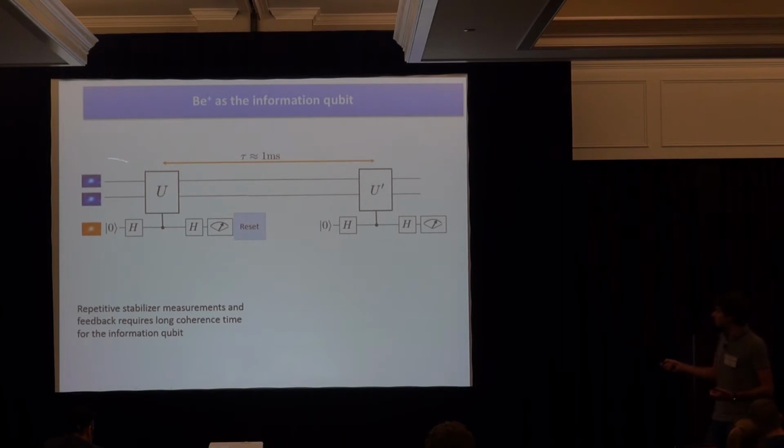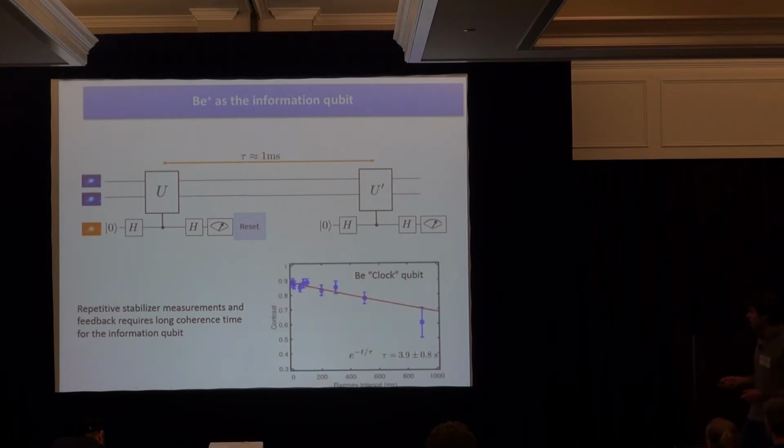It's not the detection part, which takes 60 microseconds, that is the most time consuming, but actually the reset part, because we have this recooling process I was talking about, which takes on the order of several hundreds of microseconds. So that's why we are forced to use beryllium in our case, because beryllium has a very nice clock transition, and the coherence time for this clock qubit is like 4 seconds.